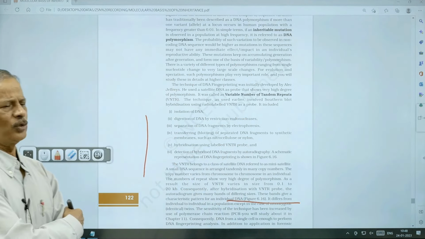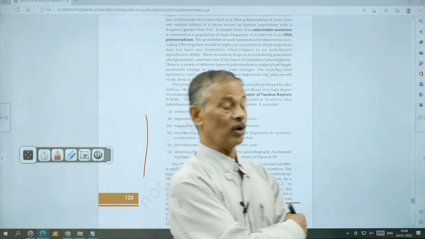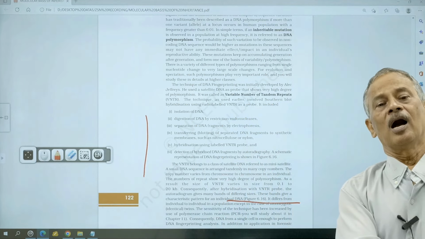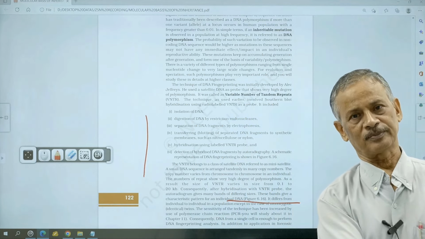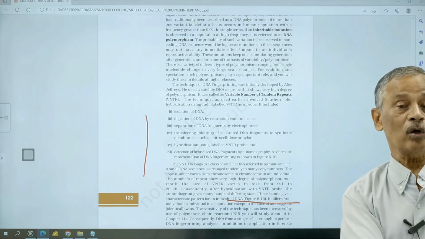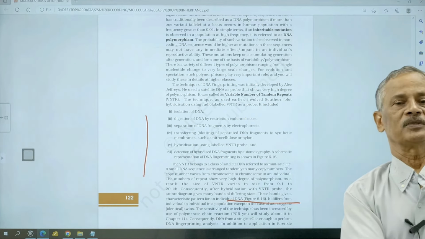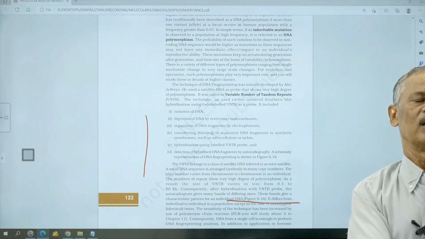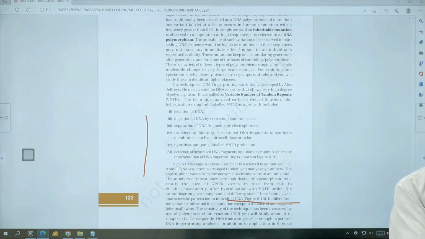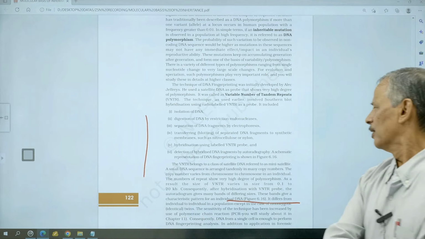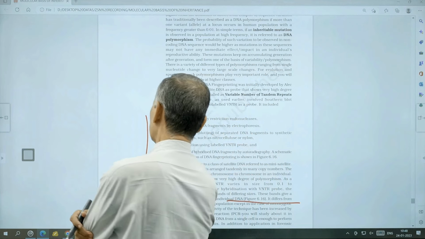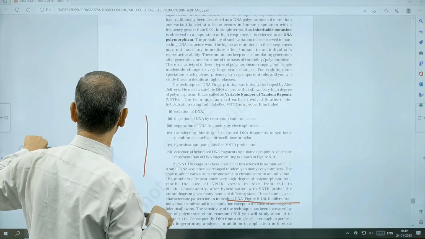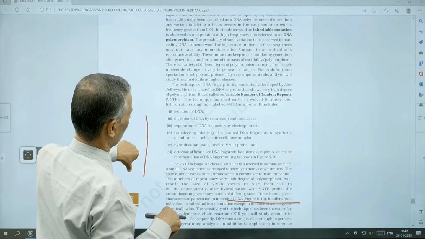Nowadays, we are not using VNTR, but instead highly specialized, artificially prepared probes, which are unique for each research laboratory. They are all invented and patented by that research laboratory. So such probes are used here, and they are capable of detecting even a difference in one nitrogen base. So sensitive probes are used nowadays.